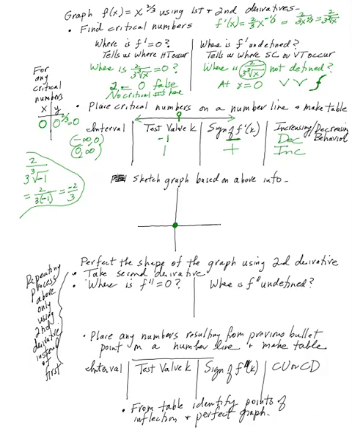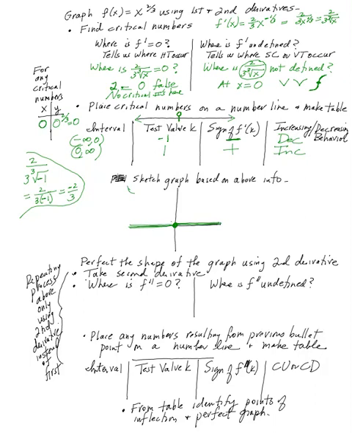On the interval minus infinity to 0, it needs to decrease. So I start up high and decrease. And then from 0 to infinity, the graph needs to increase.